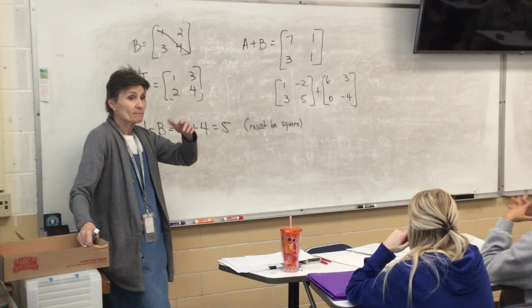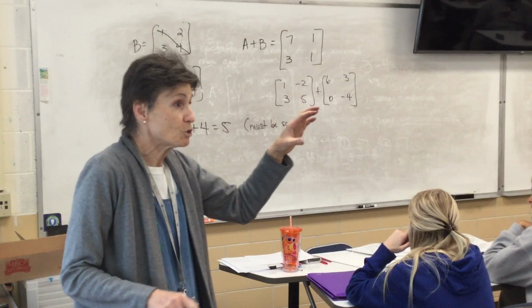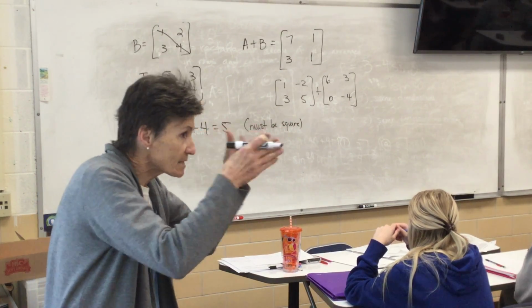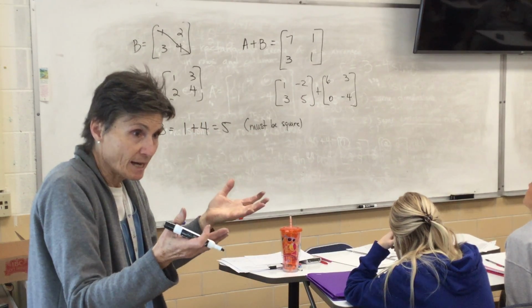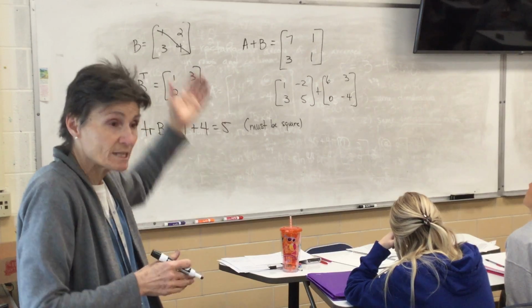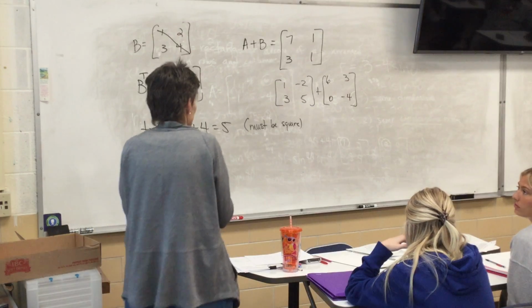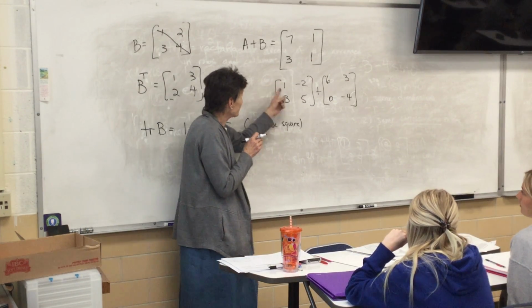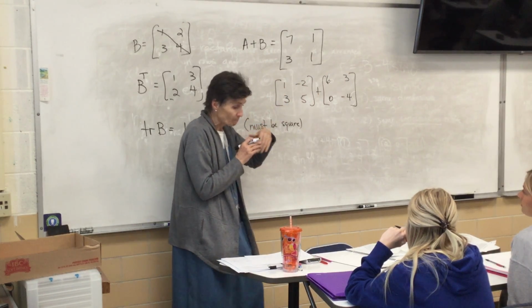Well, they don't necessarily have to be square, but they have to have the same dimensions. So if one of them's 2 by 3, the other one has to be 2 by 3, because they have to have corresponding entries. So they've got to be the same size. They do not have to be square. These happen to be square, but as long as they have the same dimensions, you can add them.